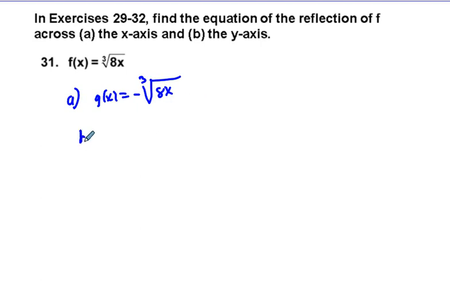And for B, h of x is equal to the cube root of negative 8x inside. I'm not sure how the distribution is going to fix things, so I just want to see what they look like.